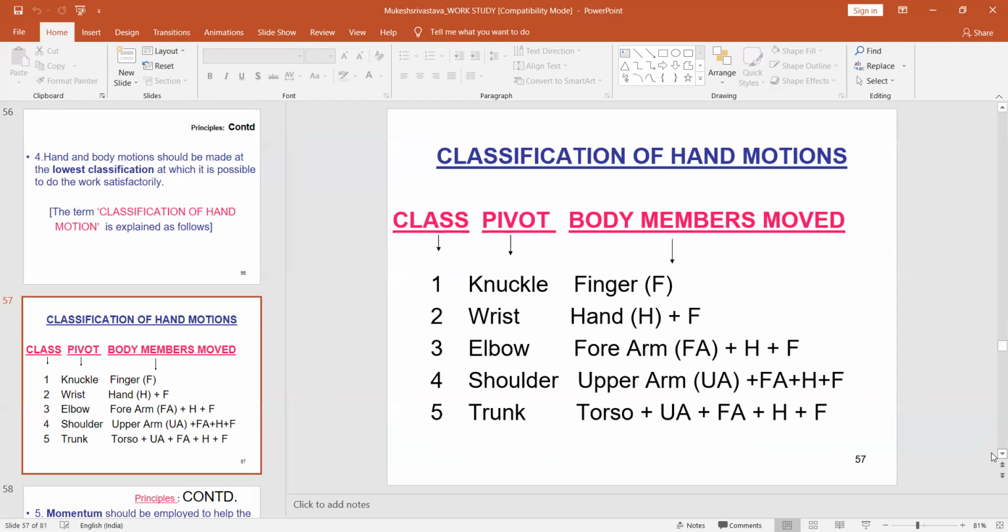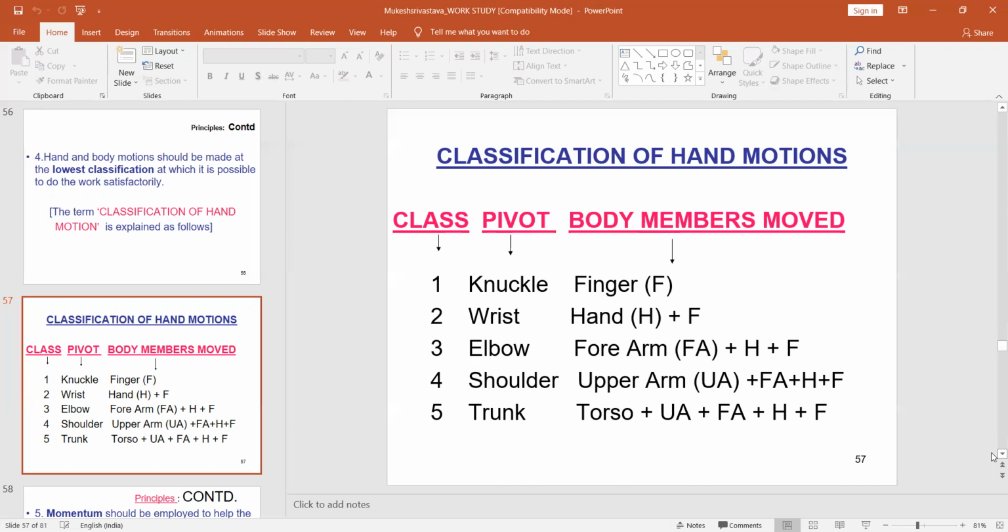When we say elbow motion, that means we are using our forearm, our hand and the finger. These three things come into elbow motion. The shoulder motion is upper arm, forearm, hand and finger. When we are using our shoulder, we are using all four of these parts of our hand.